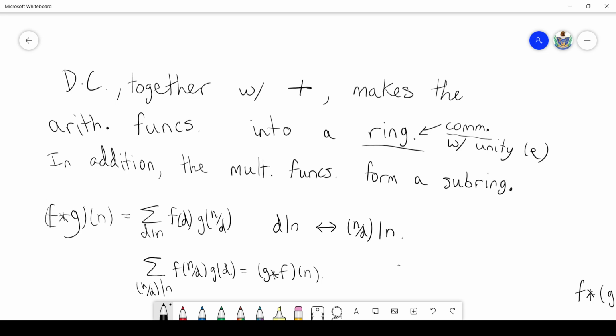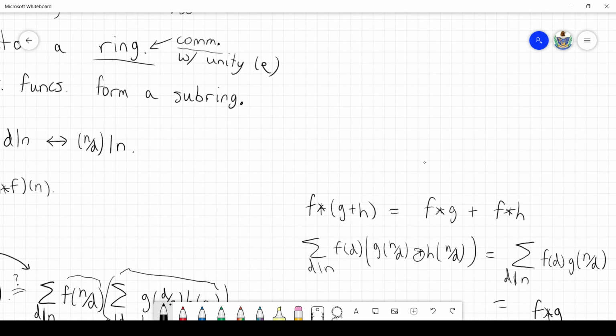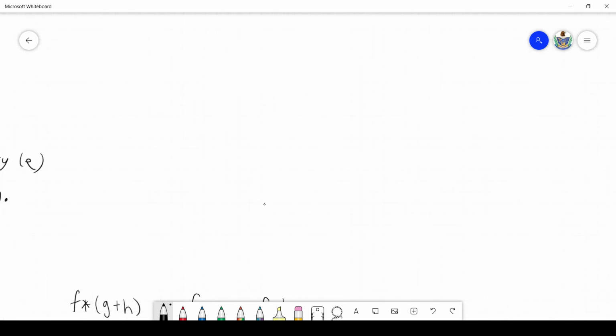Now we also claim that the multiplicative functions form a subring, and all we really have to do for that is to show that if we take two multiplicative functions, then their convolution is multiplicative.